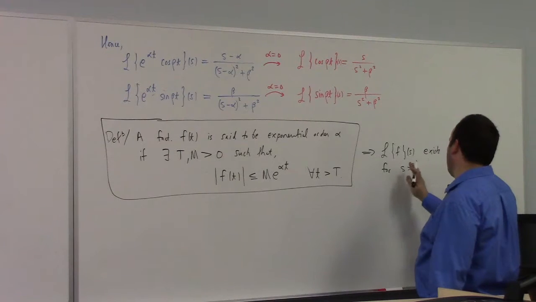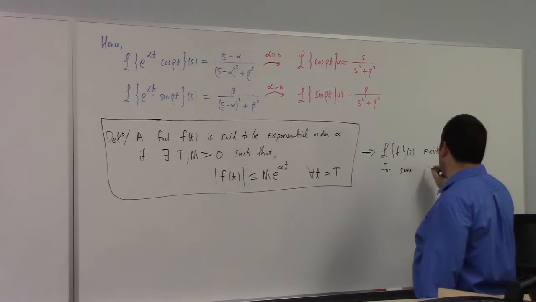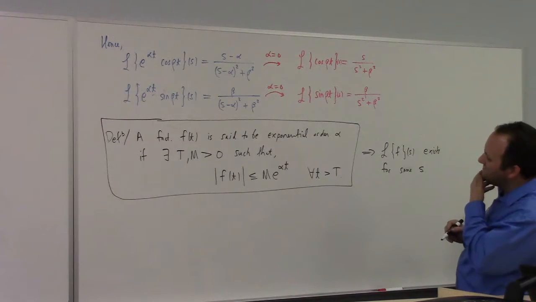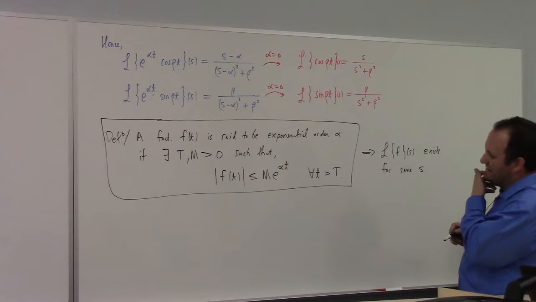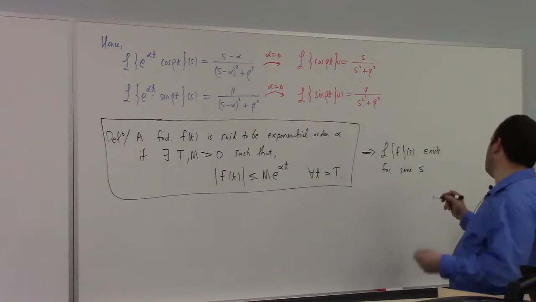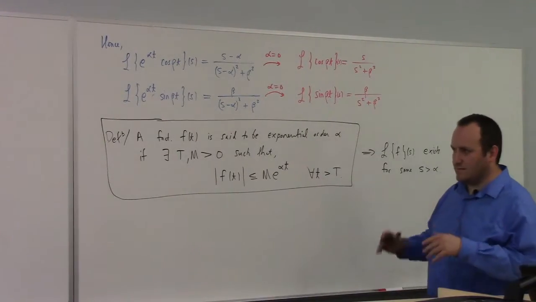Well, I don't even remember that, but it exists for some s. I'm a little bit rusty on that. Maybe for s greater than alpha. Yeah, I think it's for s greater than alpha.